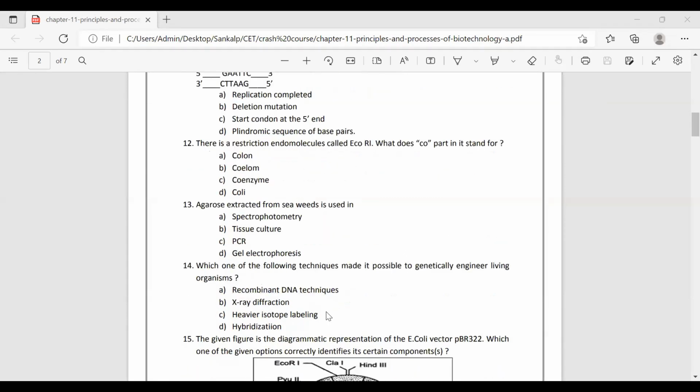Good. 14th question. Which one of the following techniques made it possible to genetically engineer living organisms? Option A, recombinant DNA technique. Option B, X-ray diffraction. Option C, heavier isotope labeling. Option D, hybridization. Ma'am, option A. What about others? Ma'am, option C, heavier isotope labeling.